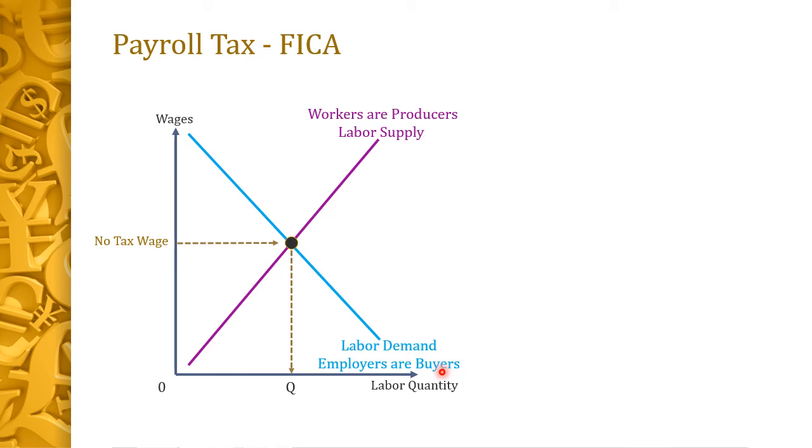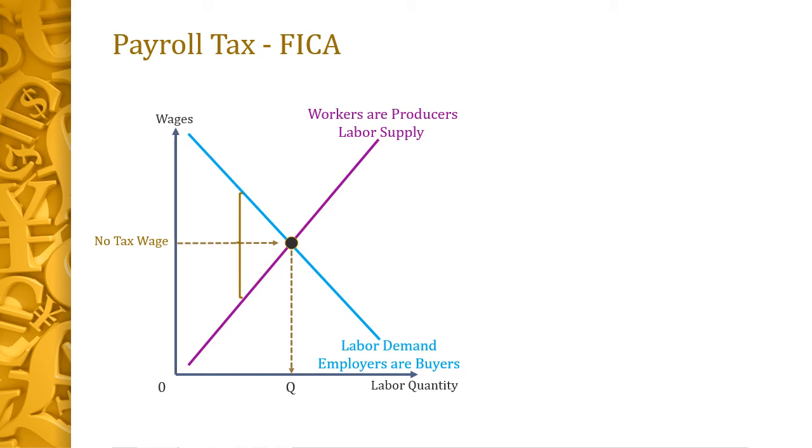But basically, the employers are the buyers, and they're willing to buy this much quantity, and you're willing to supply at this wage. Now, notice it says no tax wage, because the no tax wage is a theoretical wage, because for most of us, we're going to be paying FICA. And so we don't have a no tax wage. But of course, the law says that it should be basically a 50-50 tax.